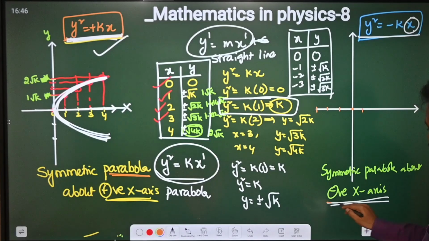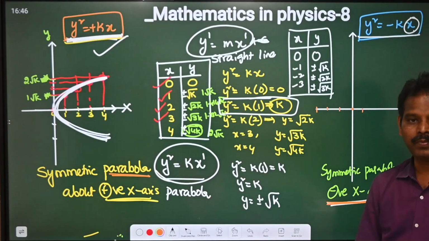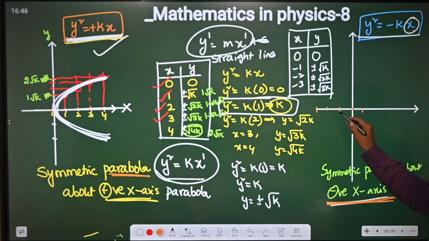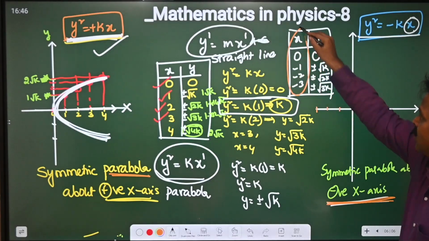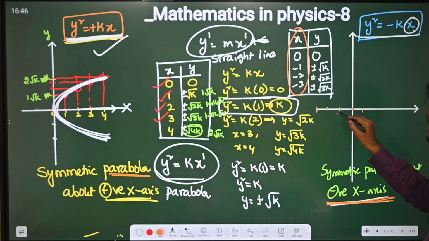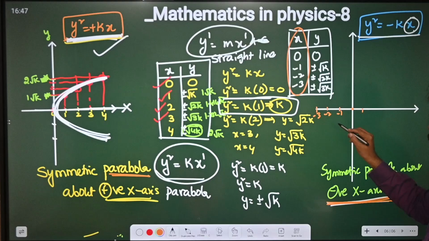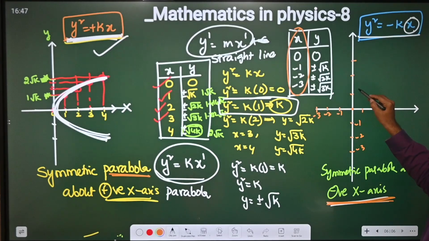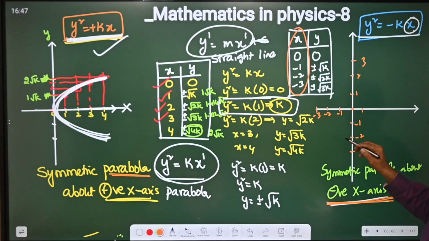First let me take these values. As we are drawing a symmetric parabola about negative x-axis, so I am taking negative x values here, and the corresponding minus 1, minus 2, minus 3, 1, 2, 3, like this.